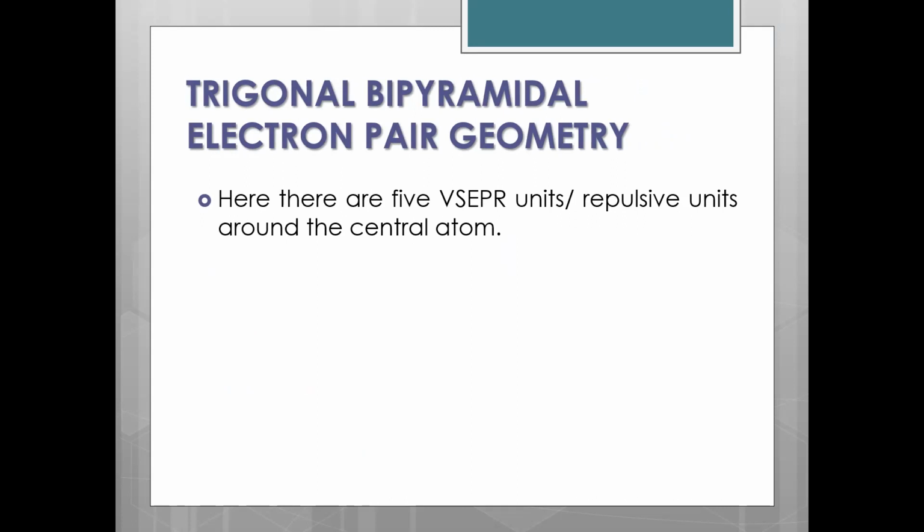We already studied how this geometry arises. When you have 5 VSEPR units, or repulsive units, around the central atom, then only do we say that the central atom has the trigonal bipyramidal electron pair geometry.